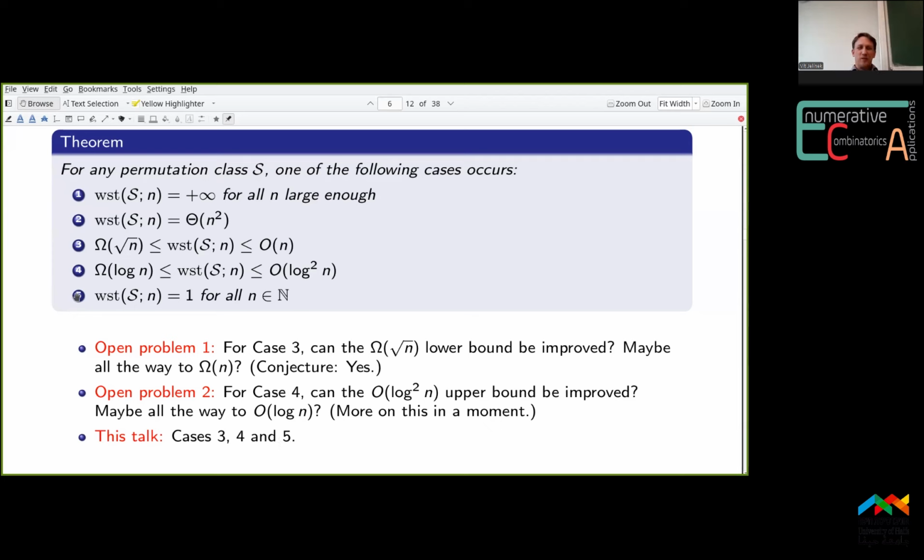So let me start at the bottom. The class that has a sorting time equal to 1 is fairly boring. It's the class of all possible permutations. And the only slightly interesting aspect here is that if the sorting time is more than 1, then it jumps all the way to logarithm. So why is there this gap?